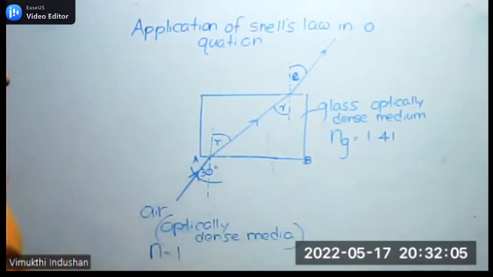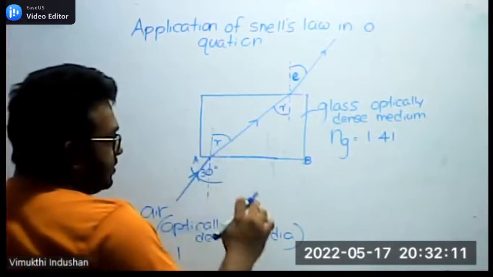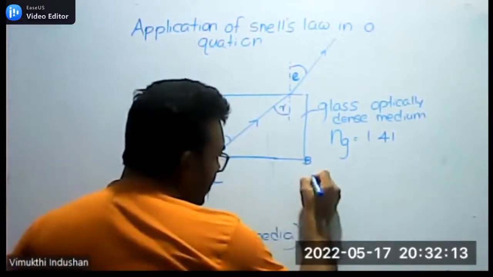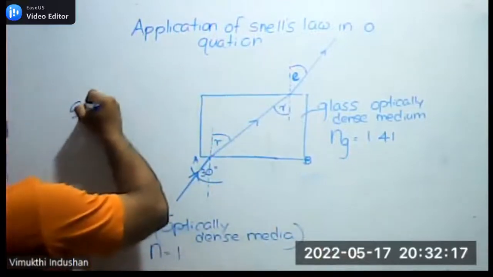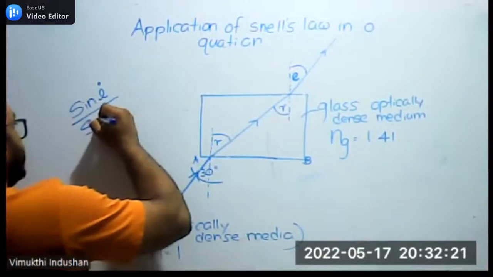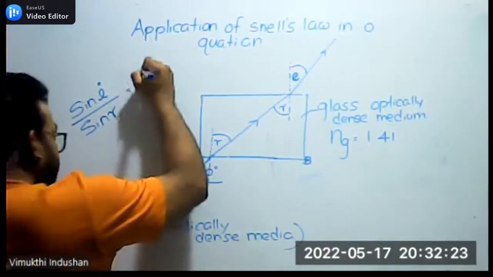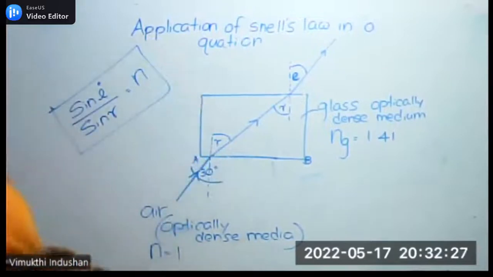So the application of Snell's law, you can do it this way. You know Snell's law is sine I over sine R is a constant, which is known as the refractive index.